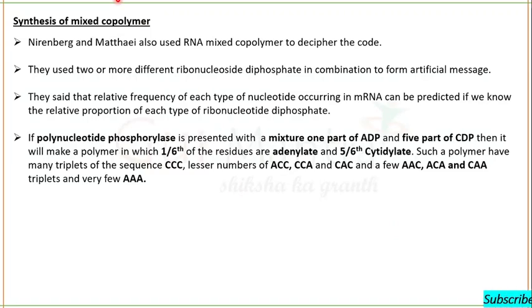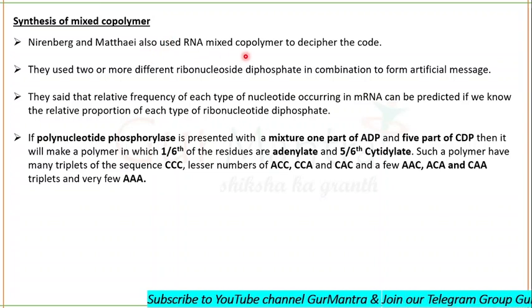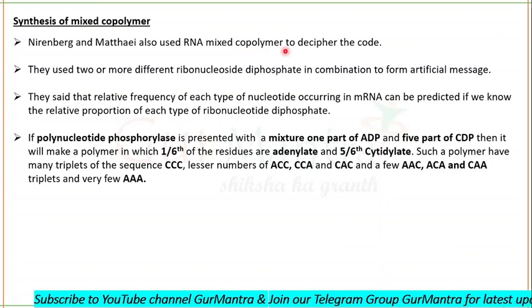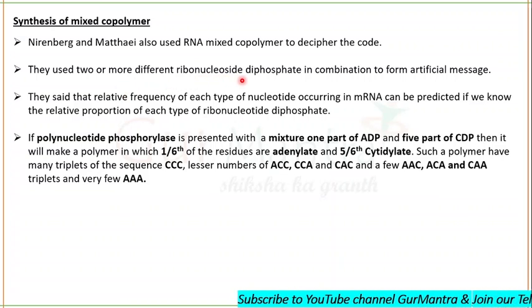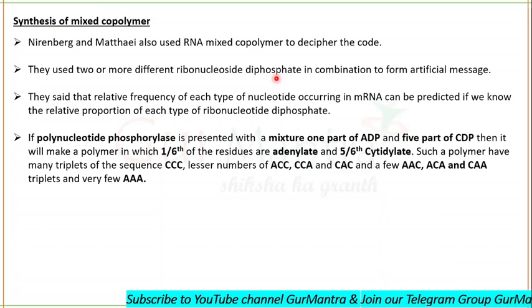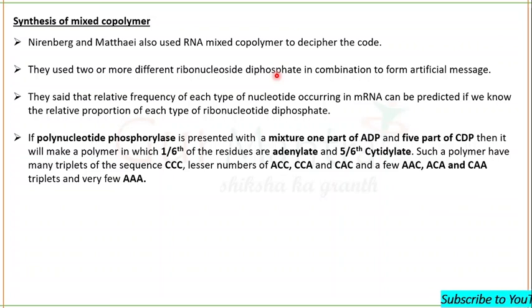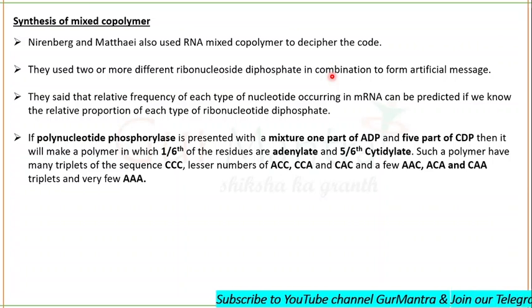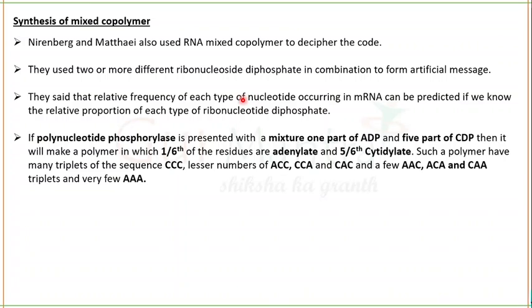Okay, so then they tried to synthesize mixed copolymers. They used mixed copolymers for the deciphering of the code. They used two or more different ribonucleoside diphosphates like UDP, CDP, GDP, ADP, in combinations like AC, GC, to form artificial messages.